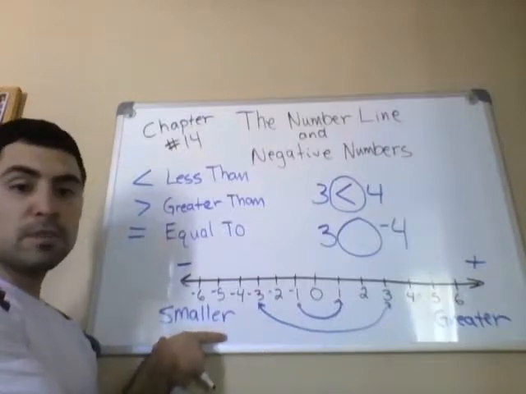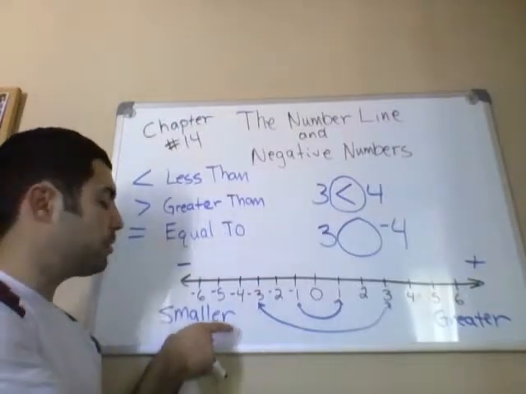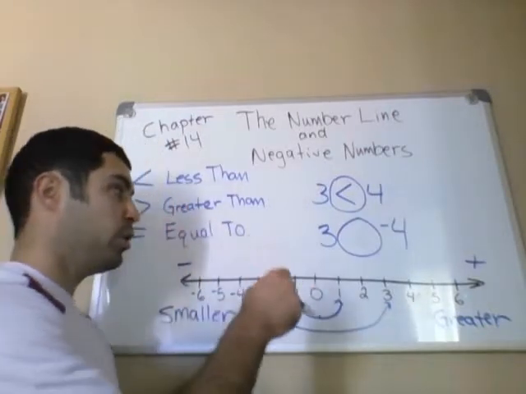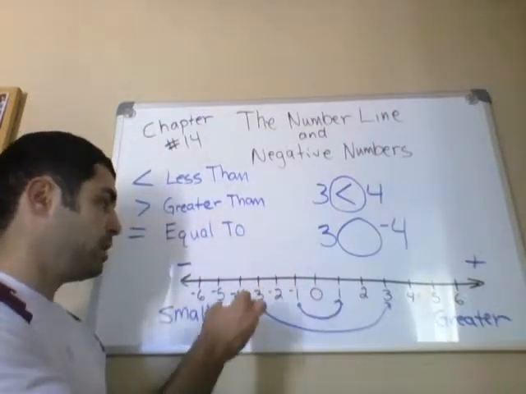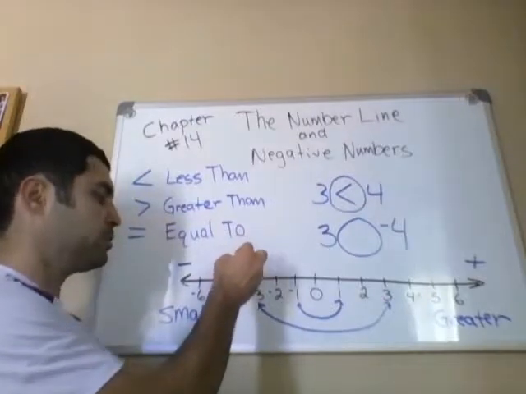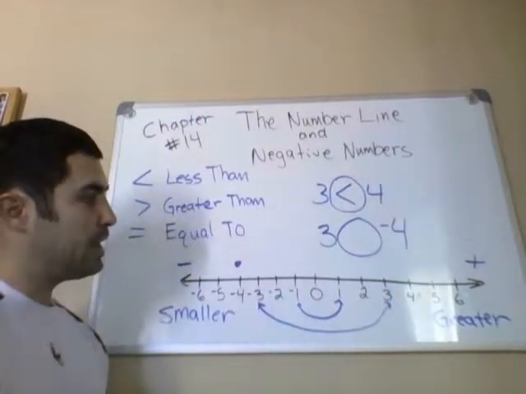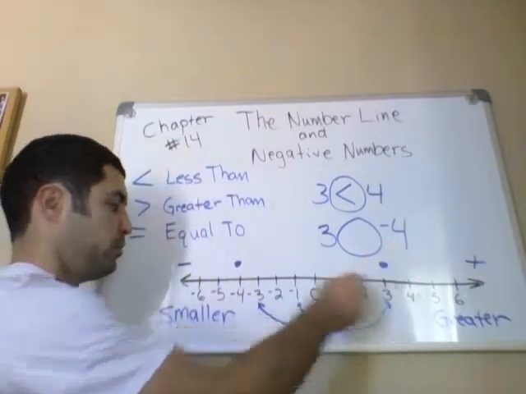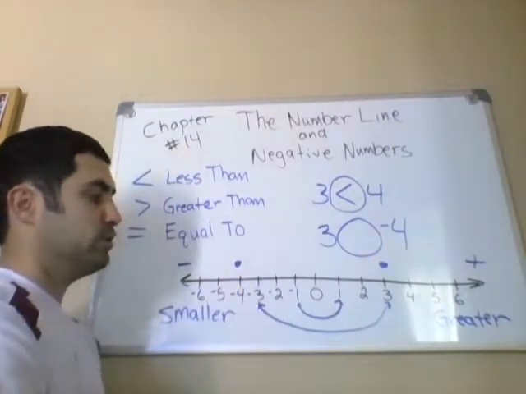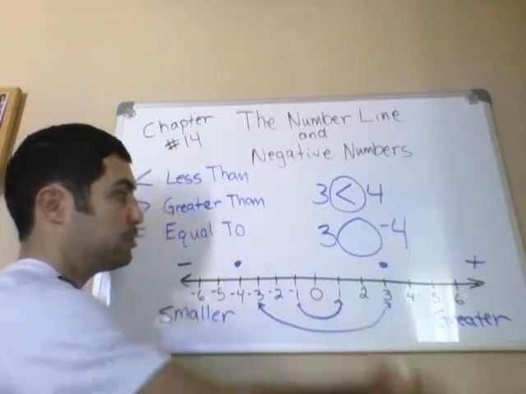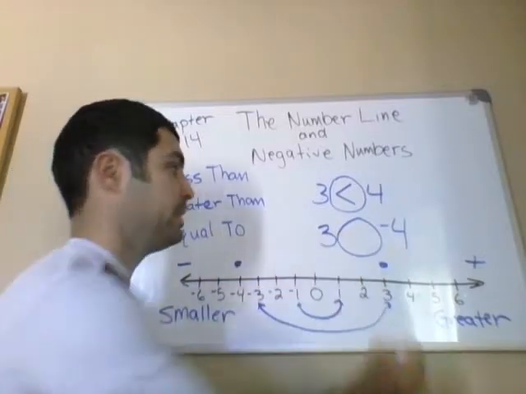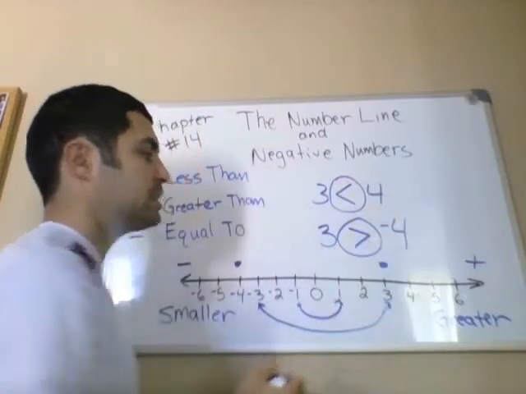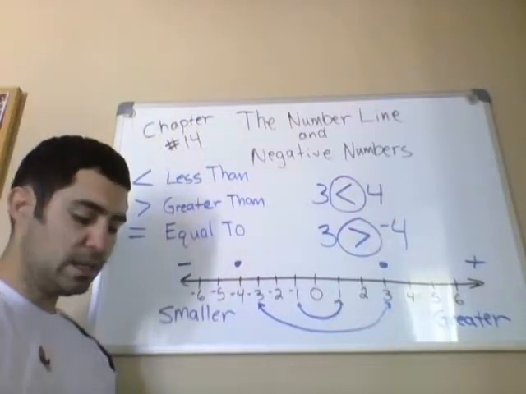Remember, the smaller numbers, and this is important, this is what I told you earlier, the smaller numbers are further left, greater numbers are further right. So, in this situation, negative 4, which is right there, and 3, which is right here. Which one, 3 or negative 4, is further to the right, or greater? So 3 would be greater than negative 4. So instead of a less than sign, you'll be using a greater than sign. So that's very important for you guys to understand.